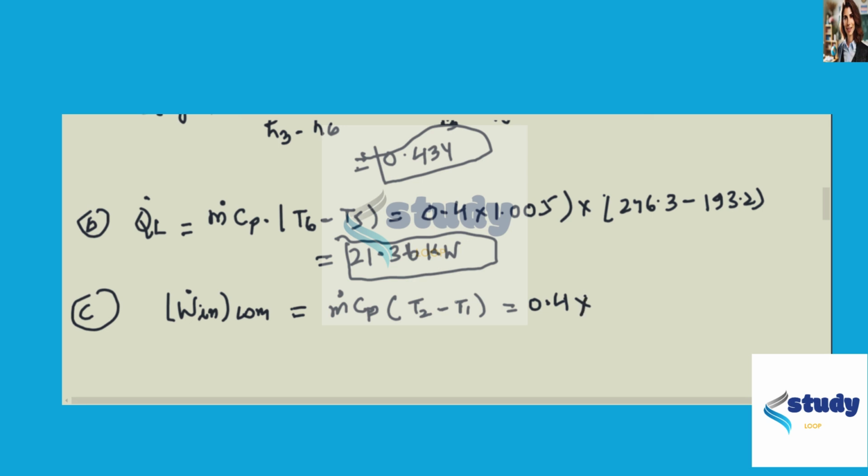Specific heat is 1.005. Change in temperature from first to second state is 472.5 minus 273.2.